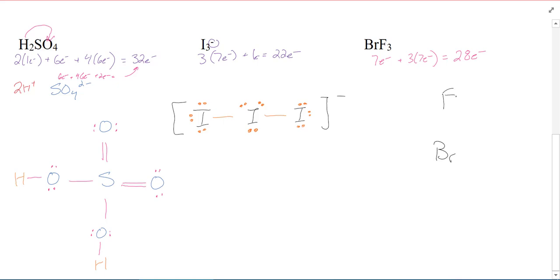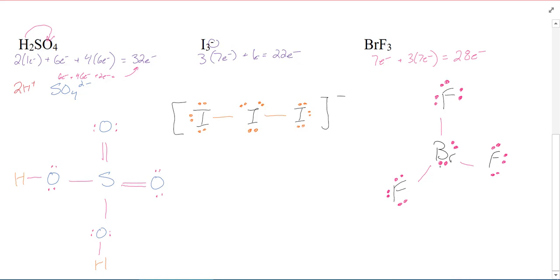We are F, F, F. 2, 4, 6, 8, 10, 12, 14, 16, 18, 20, 22, 24. There's some more electrons. 26 on the central atom and 28 on the central atom. And there you go. There's bromine trifluoride.